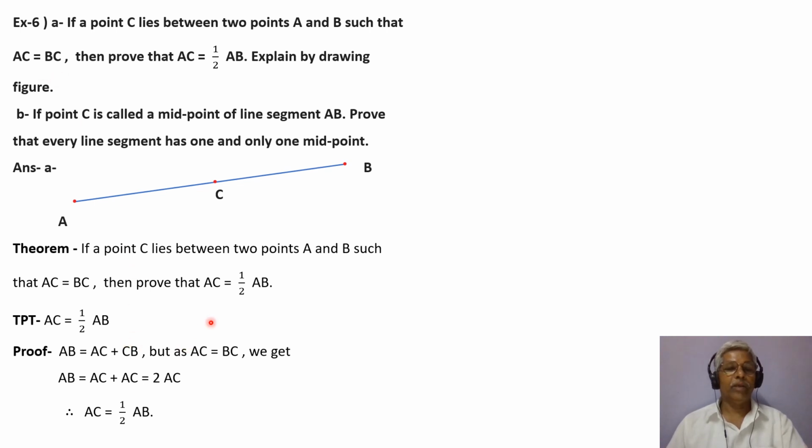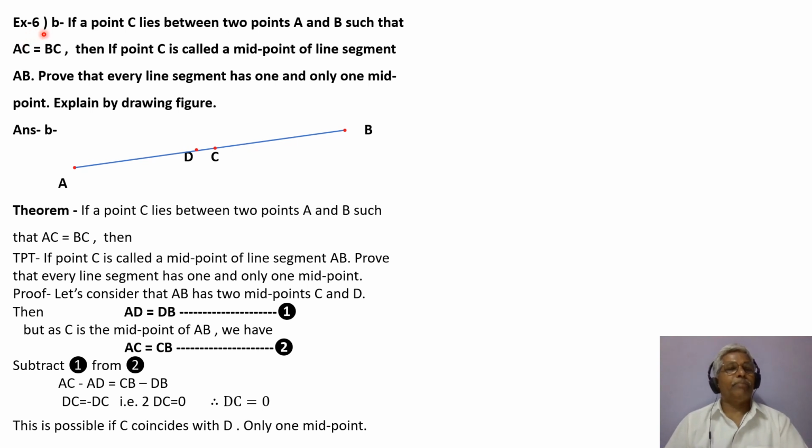So for this BC or CB, we write another AC. So AB equals AC plus AC, that is equal to 2AC. To bring the 2 down here, therefore AC equals half AB. That is what we have to prove. So this is the proof for this.